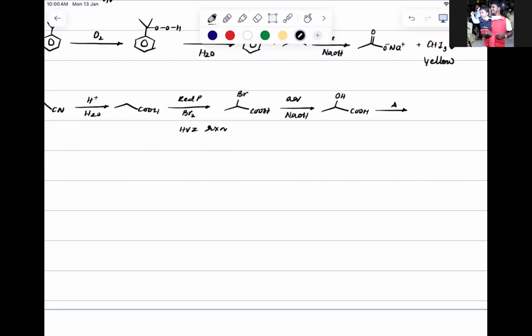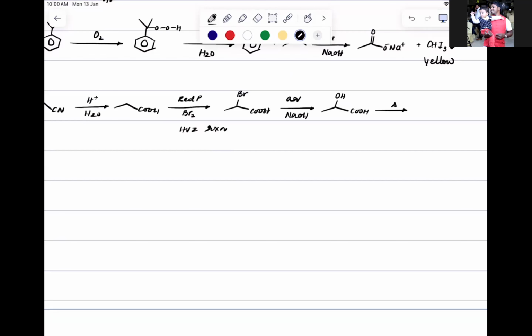And this, in the presence of concentrated OH minus, will give you two products. One is COO minus Na plus, plus CH2OH. This is called the Cannizzaro reaction. So the first one is the Gattermann reaction, followed by the Cannizzaro reaction.